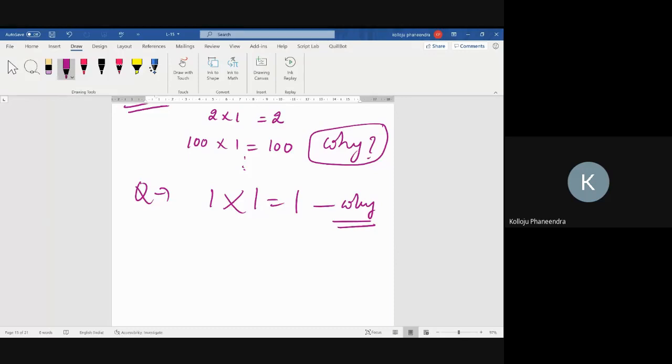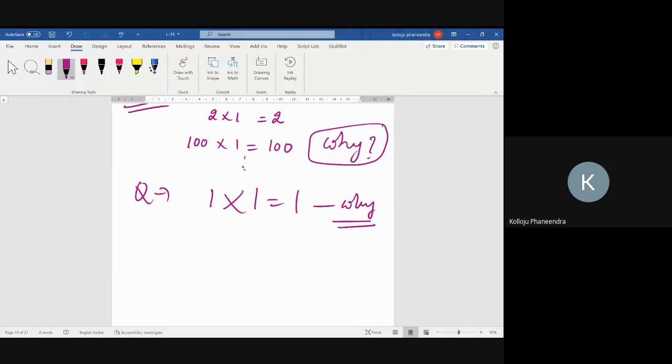One into any number is that number. Why? Multiplication is repeated addition. As it is multiplied by 1, it is added only once, so the number itself. Any other reason? It's a general but perfect reason.